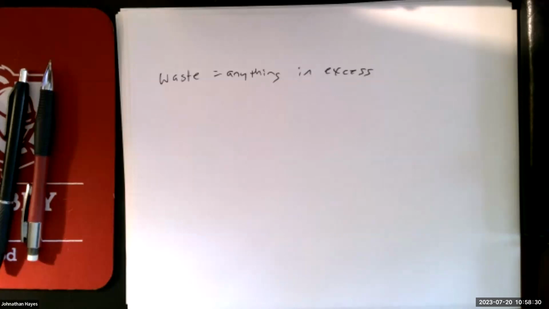So waste is variable. Sometimes things are going to be considered waste that might normally be considered nutrient. And sometimes things might be considered waste that are true waste, like creatinine. Creatinine's always excessive, just if it shows up. So once it shows up in the kidneys, we're going to get rid of it every single time because it's always waste.